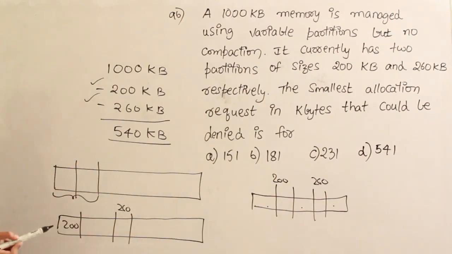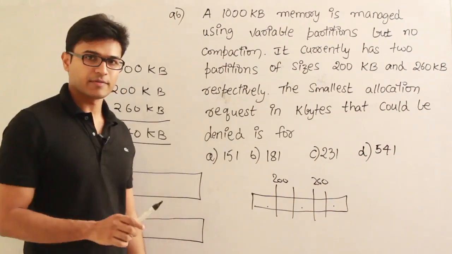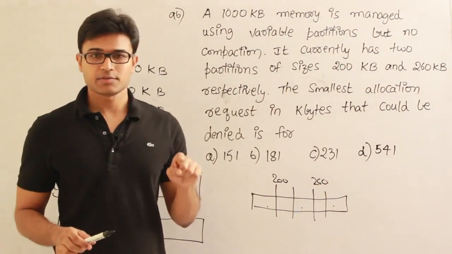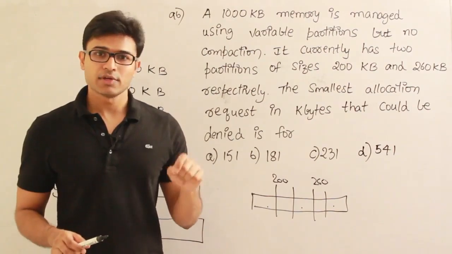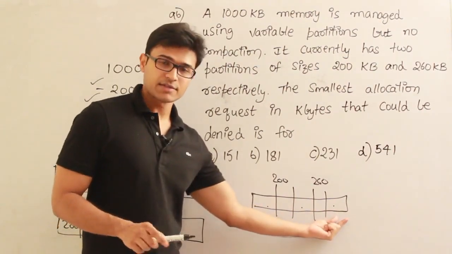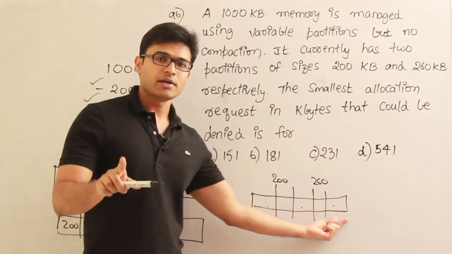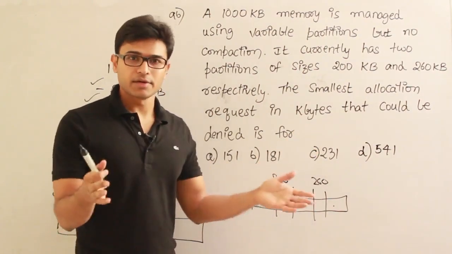And now we have to see that all these 3 partitions are as small as possible, right? So how can 3 partitions be as small as possible? It can be possible only when 3 partitions are of equal sizes. In case these 3 partitions are not of equal sizes, then one partition which is smaller will contribute to the other partition which will become bigger, right?